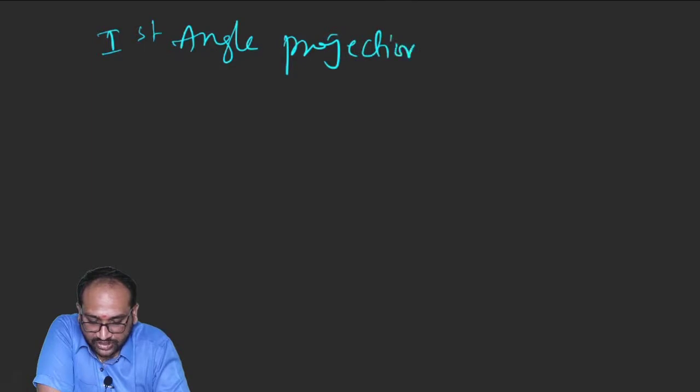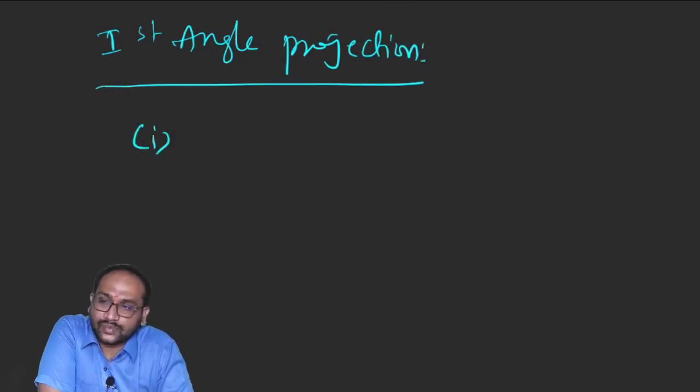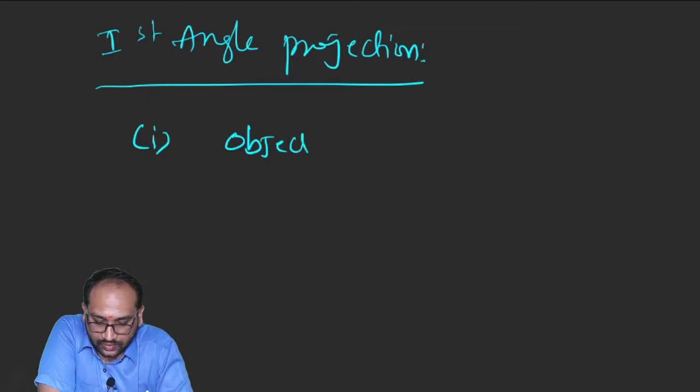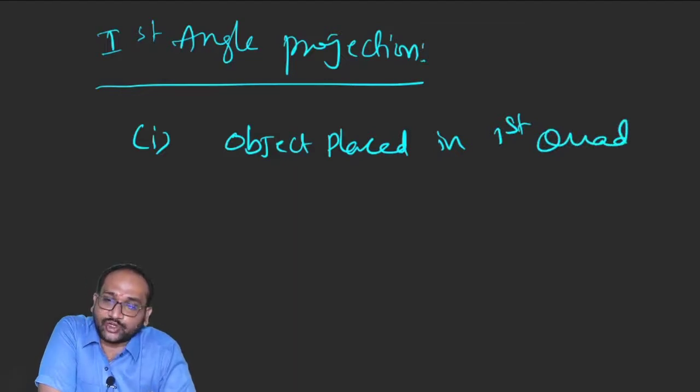First angle projection. First point, object placed in first quadrant, it is known as first angle projection. Second point is principle.